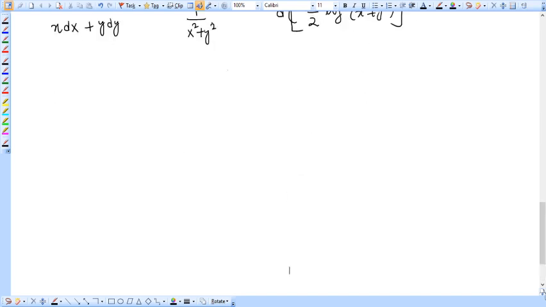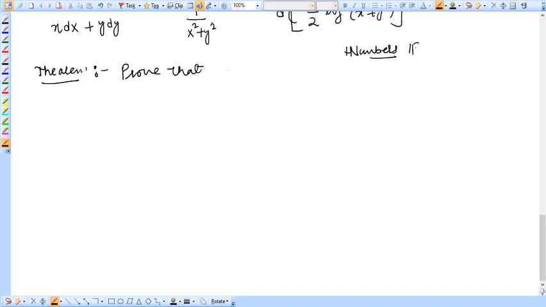Okay, so this is all about integrating factor. Now we will prove a result. The result is a theorem on integrating factor. It is all about the number of integrating factors.